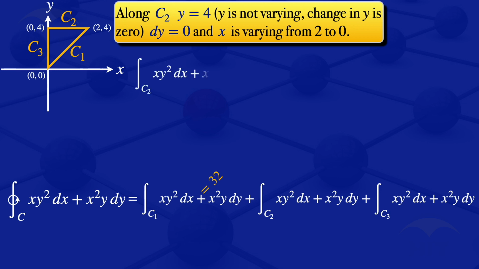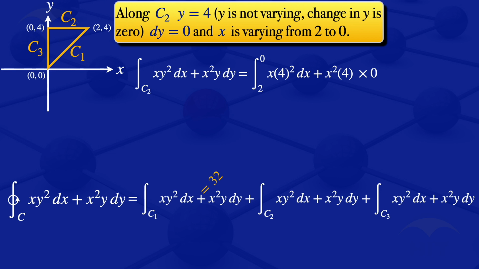Then to evaluate along the curve C2 the integral of xy squared dx plus x squared y dy, we substitute the values y equals 4 and dy equals 0, and the limits, and we have the integral from 2 to 0 of x times 4 squared dx plus x squared times 4 times 0.